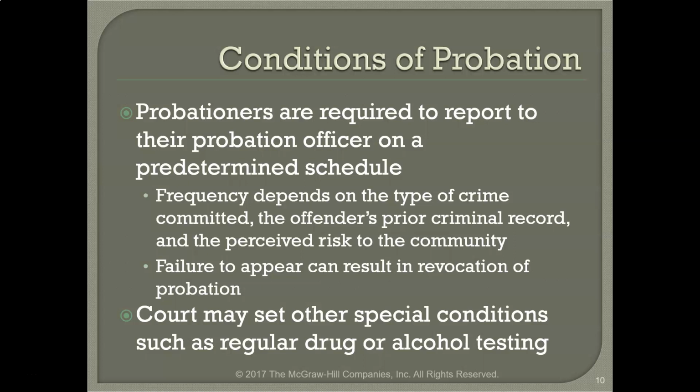Like maybe limit them from going on school grounds, going to parks, going to places where children frequent, things like that. So you're going to have two different types of terms of probation. You'll have standard terms, which is normal for everybody, and then you might have some more specific terms. And that could be something like not going within 50 yards of a school, something like that.